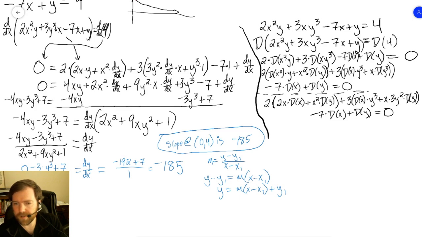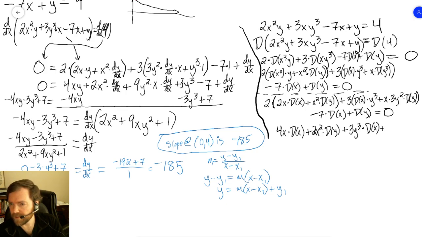Anyway, so then multiply all this through. You end up with 4x times the derivative of x plus 2x squared times the derivative of y plus 3y cubed times the derivative of x plus, this is going to be 9xy squared times the derivative of y minus 7 times the derivative of x plus the derivative of y.